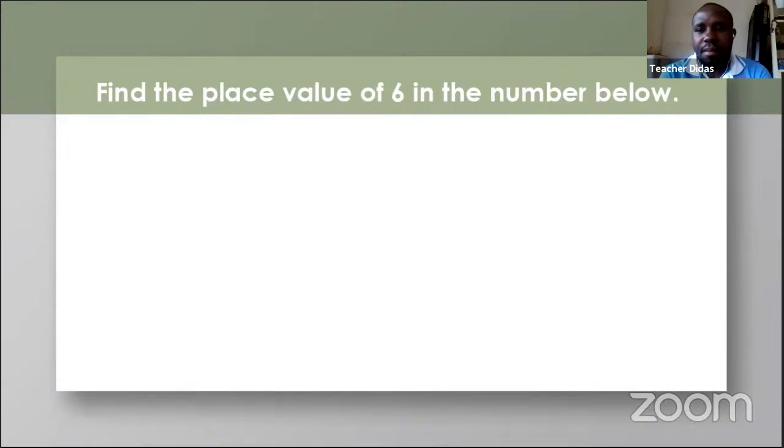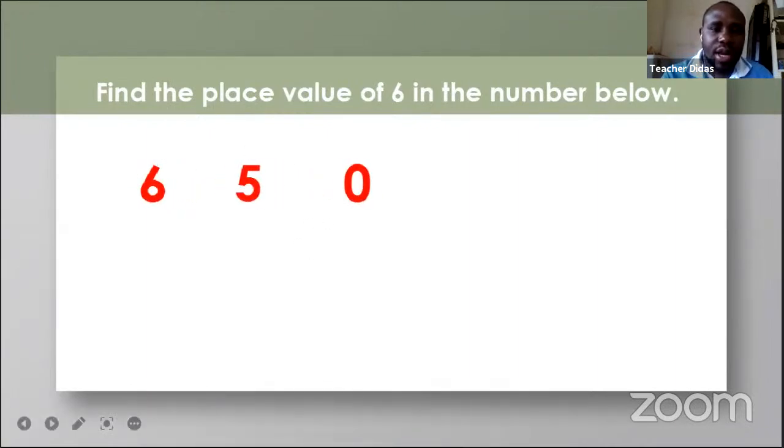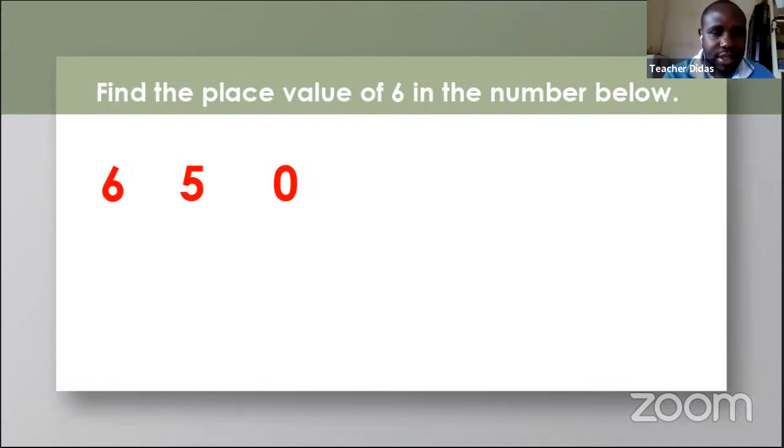When they give you the number, they want you to look for the place value. They can give very many digits, but the number they have given in the question is the one you will go and look for. In this case, we have 6. And the number that has been given to us is here. It is 6, 5, and 0.